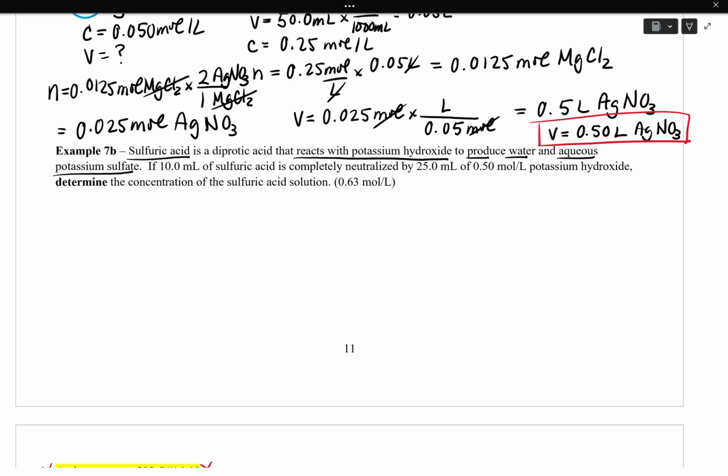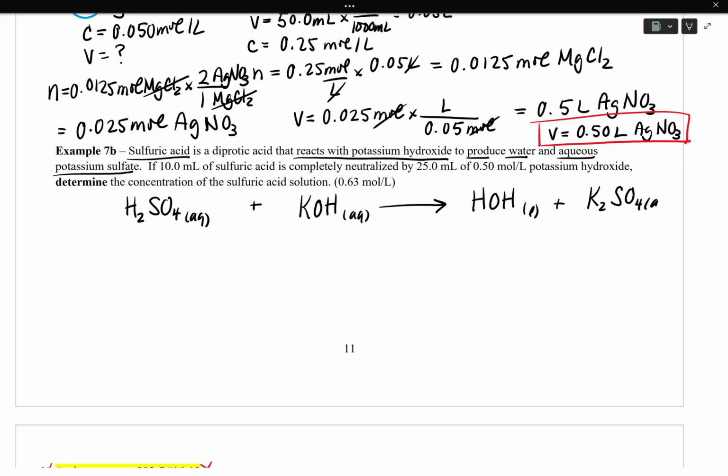So sulfuric acid is H2SO4. We are going to react it with KOH, aqueous, and we are going to produce water, HOH, liquid, plus potassium sulfate, K2SO4, aqueous.